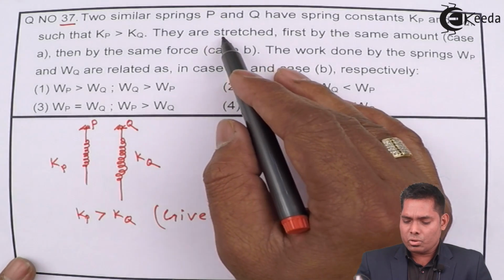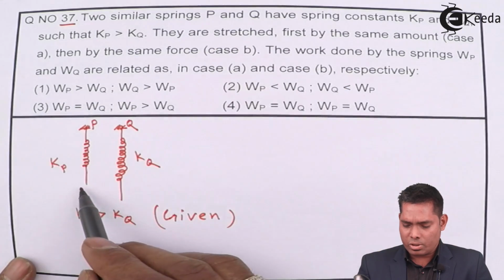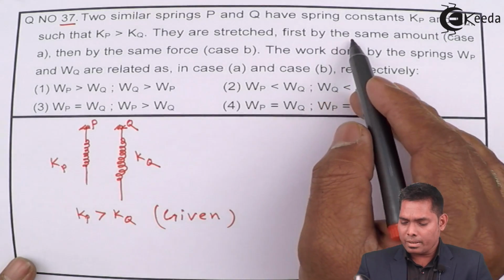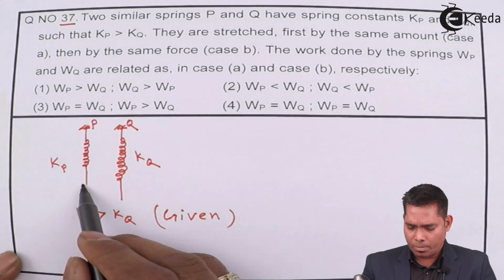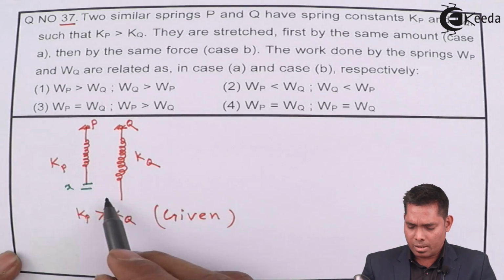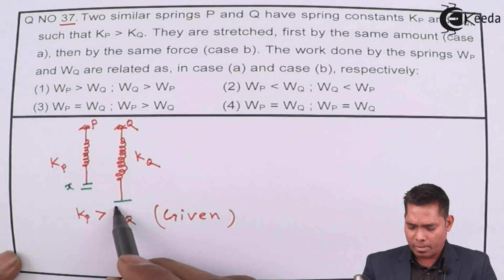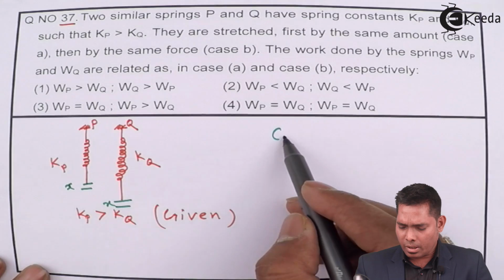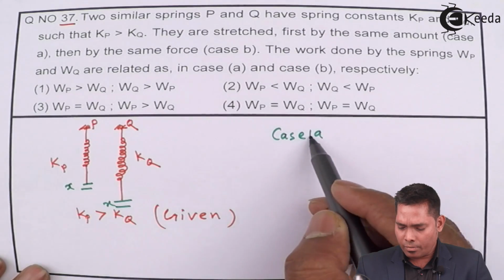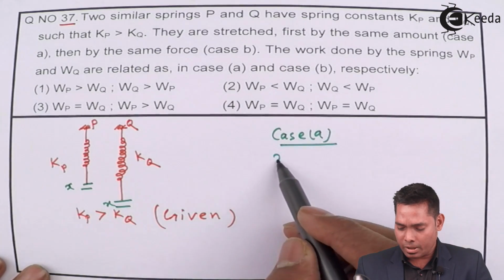They are stressed first by the same amount. Suppose this is stressed by x distance and this is also stressed by x distance. This is case A, where they are stressed by the same amount, that is, x is the same.